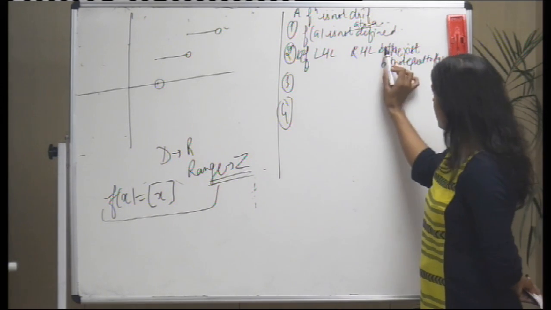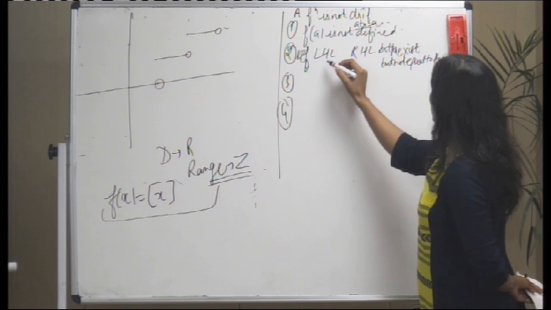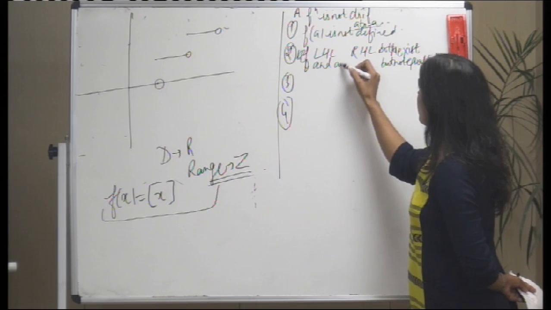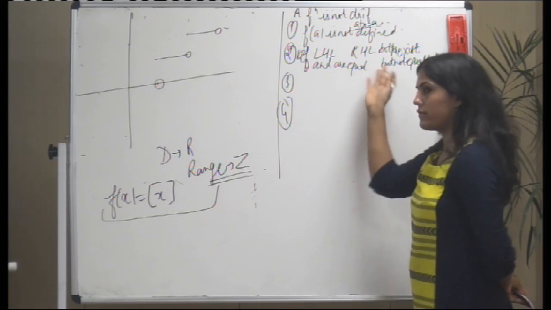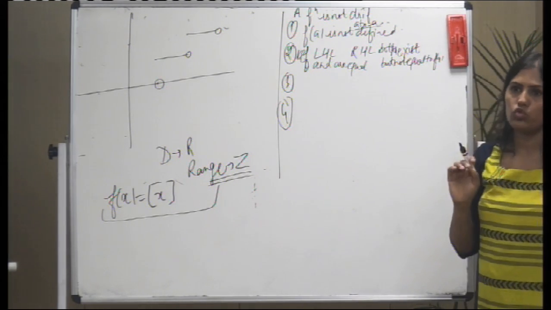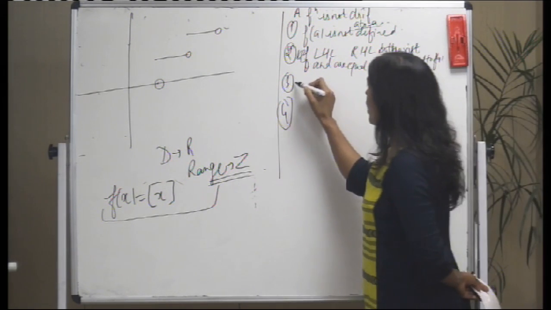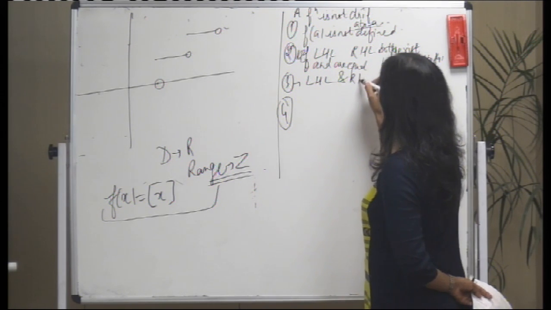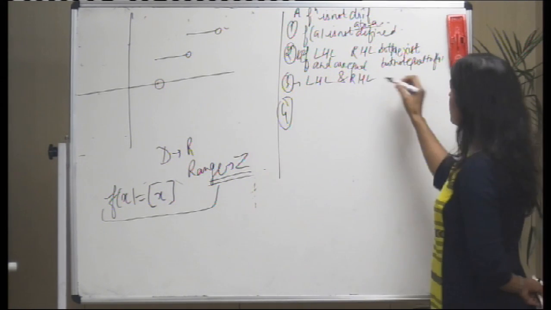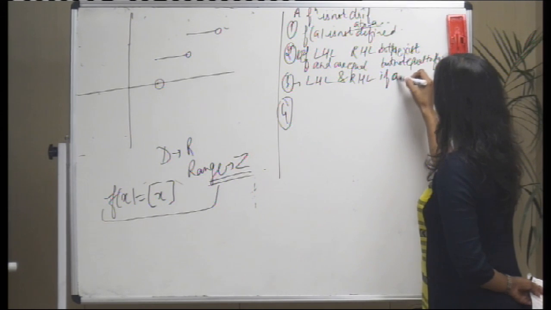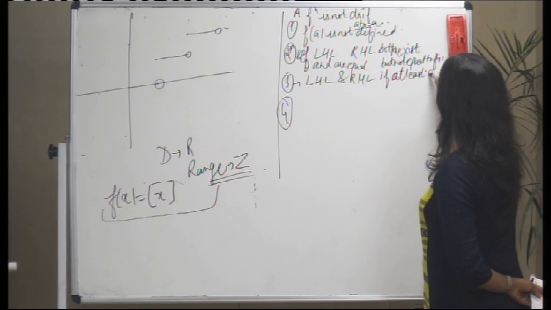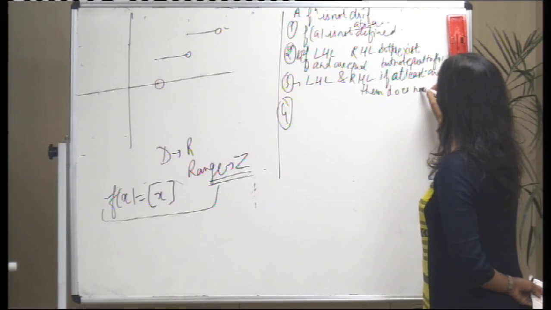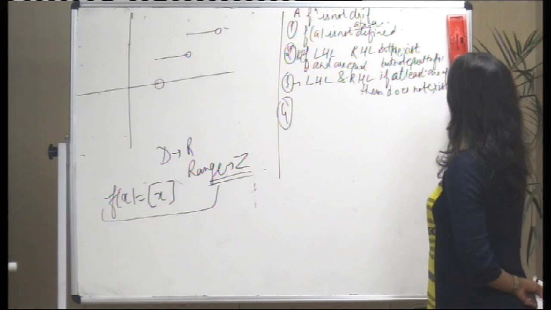If both exist and are equal but not equal to f(a), then also you say that the function is discontinuous. Now the third is if at least one of LHL and RHL doesn't exist, then also you say that the function is discontinuous.